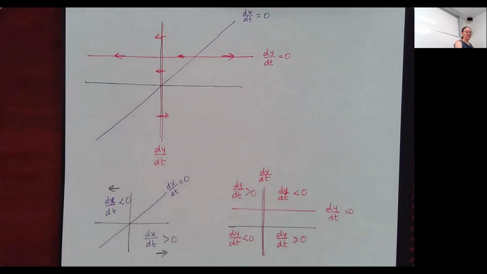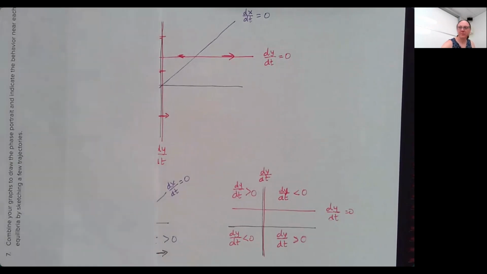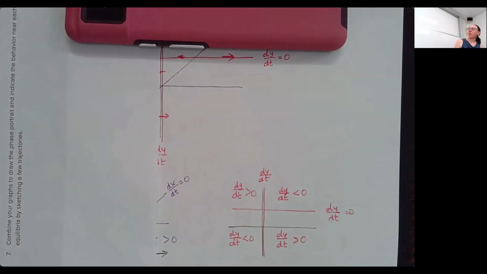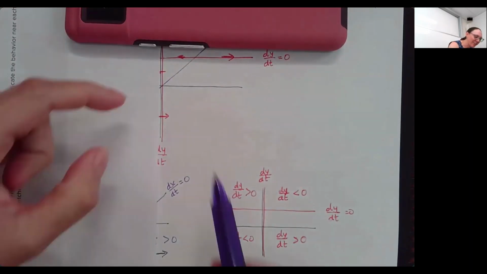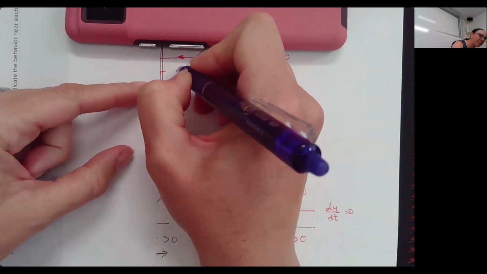So now in terms of my picture, if I go to figure out my arrow directions on my purple nullclines, I just kind of have to look in each quadrant. So if I look in that quadrant, then along that purple nullcline, that arrow has to be pointed up.